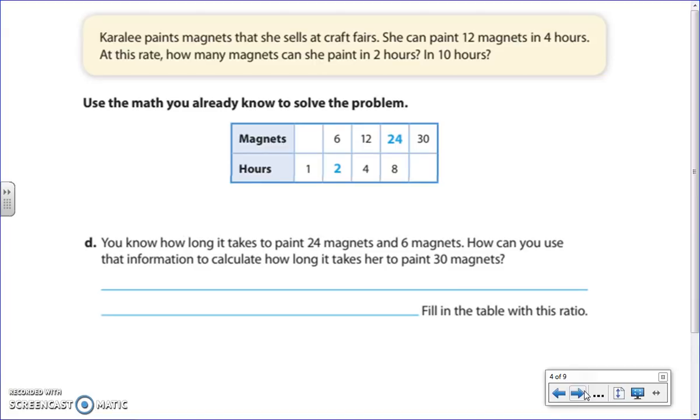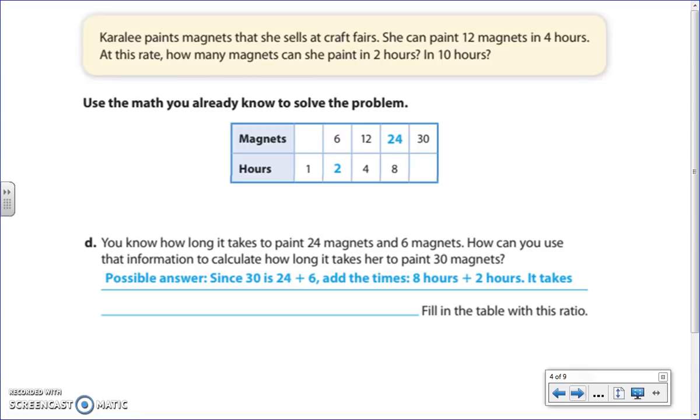You do know how long it takes to paint 24 magnets and 6 magnets. How can you use that information to calculate how long it takes her to paint 30 magnets? So there's a lot of different ways we can do this. I think that I did it the same way earlier that the book is going to do here.